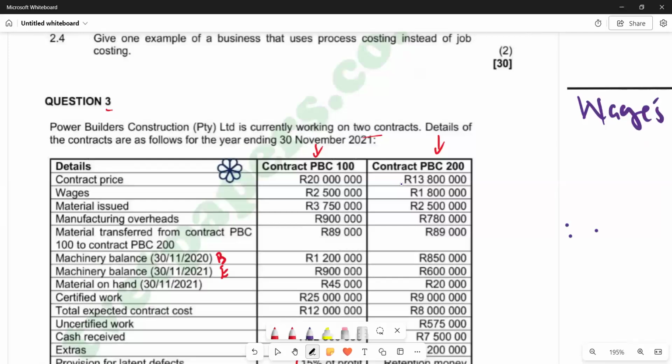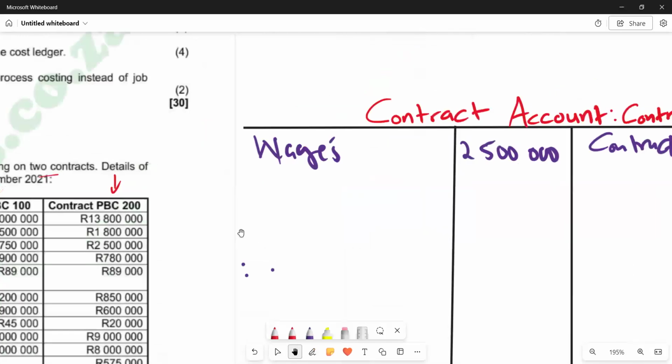So we're going to the debit side, we're going to put our material issued and then manufacturing overheads for the respective amounts. So we come here, we're saying material issued, and then the amount that we have is 3,750,000.